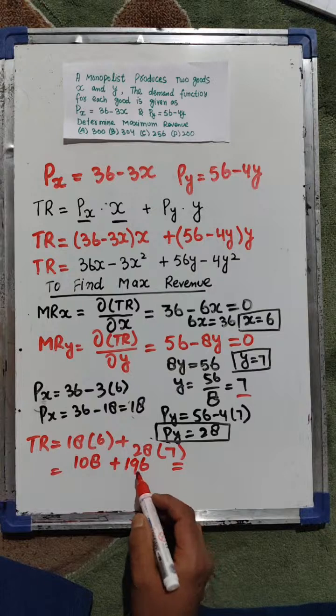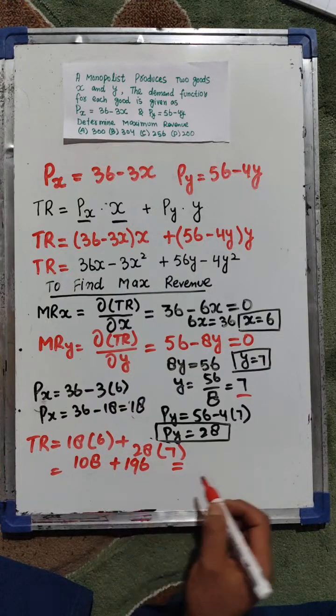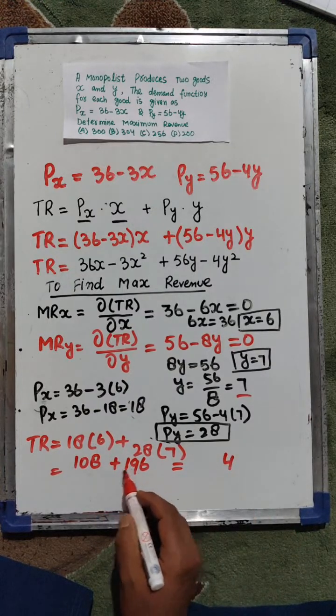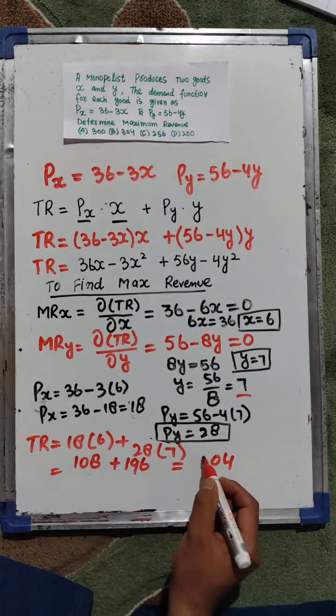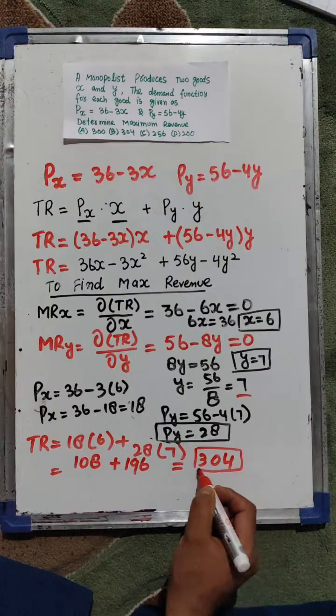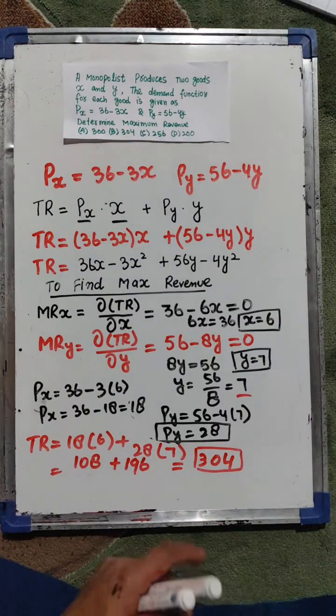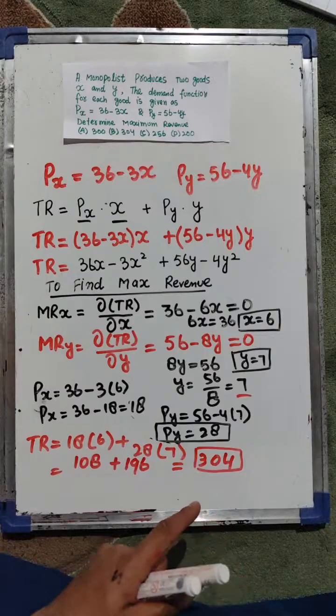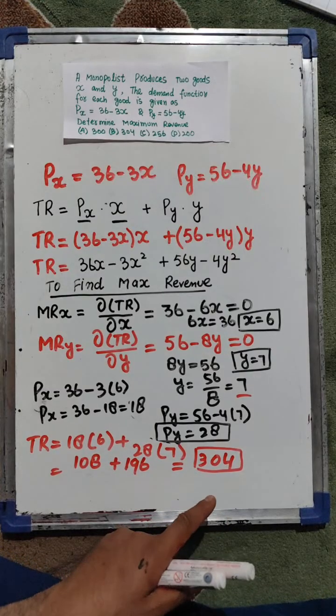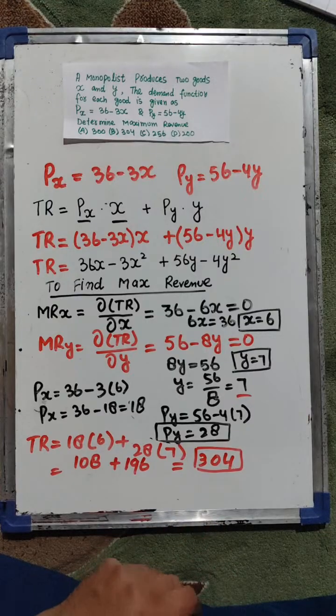Let us add them. So 304 will be the maximum revenue for the monopolist. Thank you Nabinda Pradhan for rectifying me.